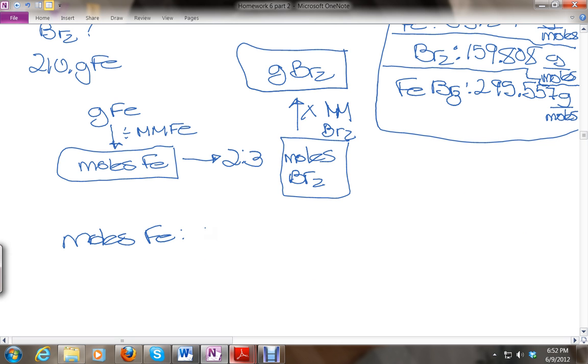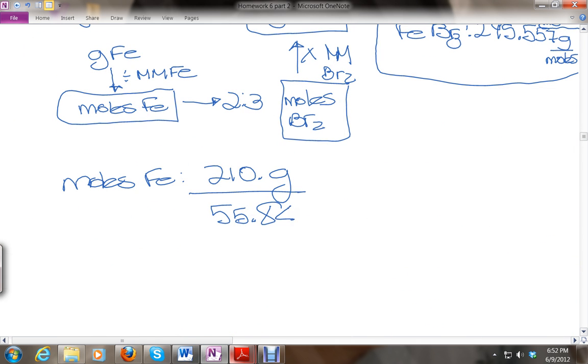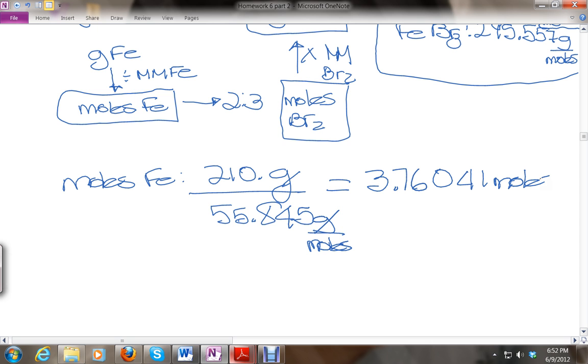So the number of moles of iron: 210 grams divided by 55.845 grams per mole is going to give me 3.76041 moles of Fe.